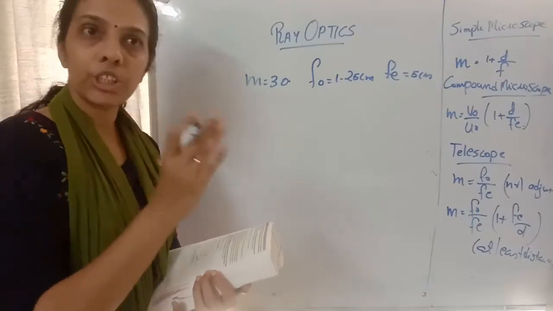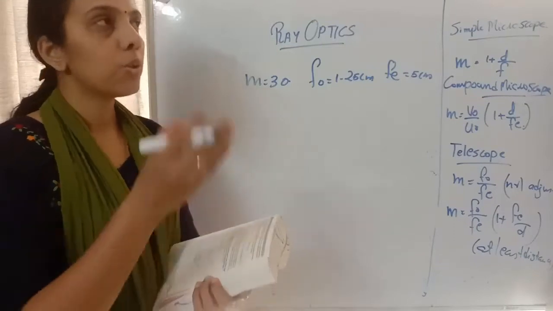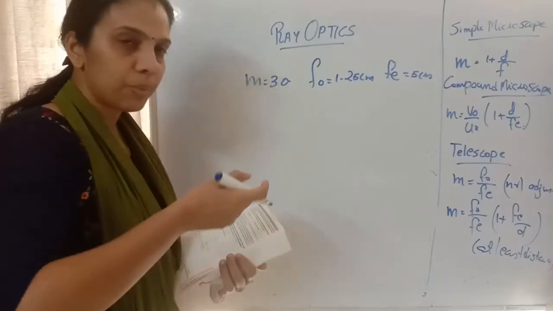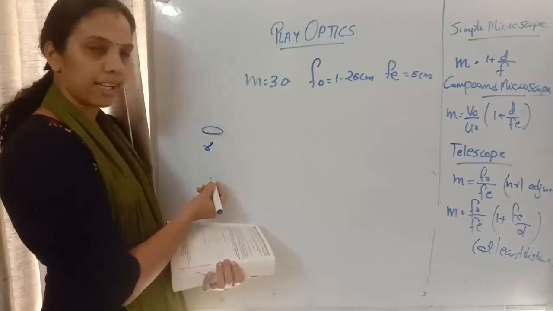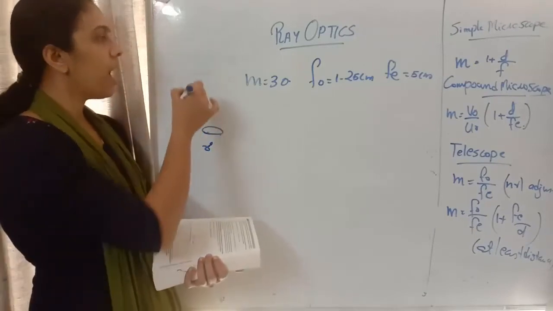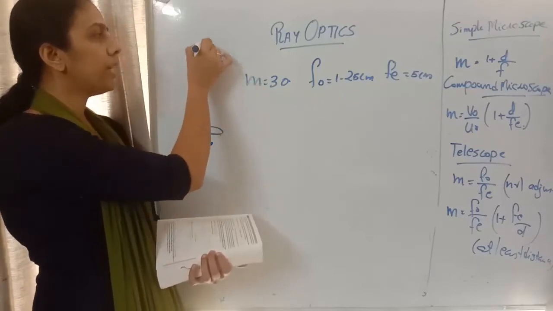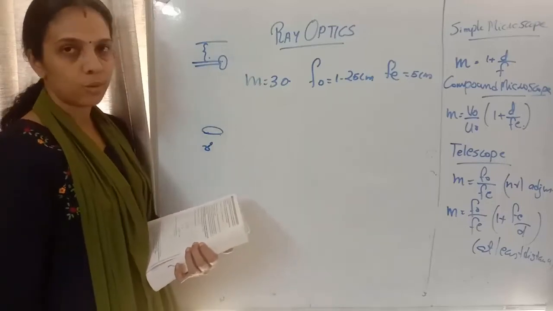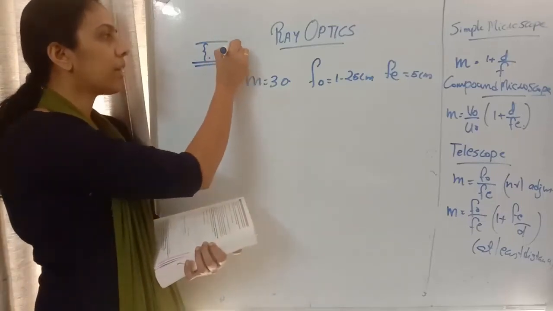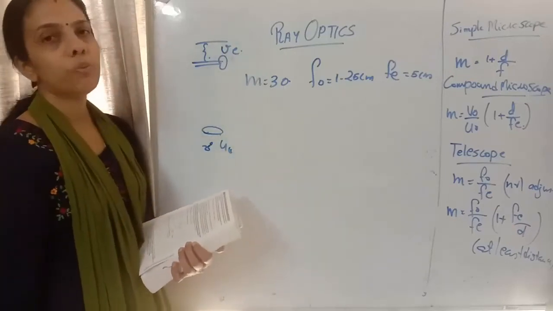Inside the microscope what is happening we don't know. So we adjust the position of the object to the first lens, and using the knob we adjust the position of the eye lens. So we will be finding out the values of VE and UO.